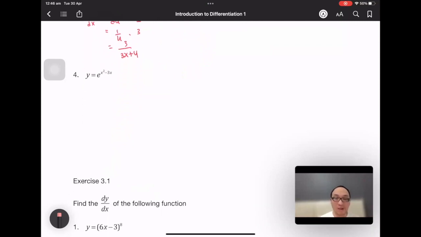And for number 4, we can assume this as u. So y equals e to the u. Now remember, e to the x derived is e to the x. So that means e to the u is derived with respect to variable u as e to the u. And u is x squared minus 3x, so du dx equals 2x minus 3.